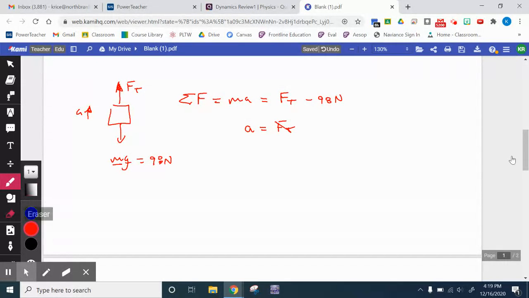We were told the force of tension is the apparent weight. We were told that was 120 newtons. So 120 minus 98, we want to divide that by the mass, which is 10 kilograms. So that's 22 newtons over 10 kilograms, and that would give me 2.2 meters per second squared.